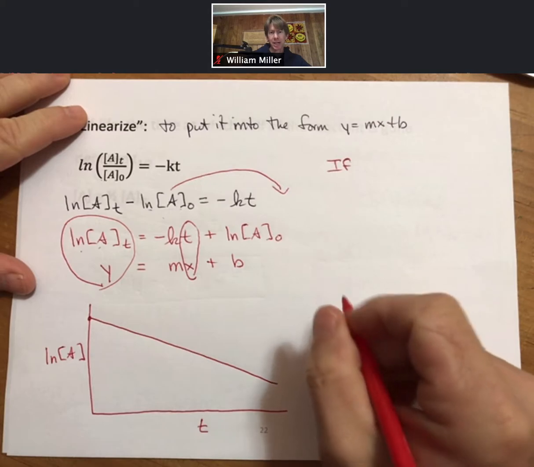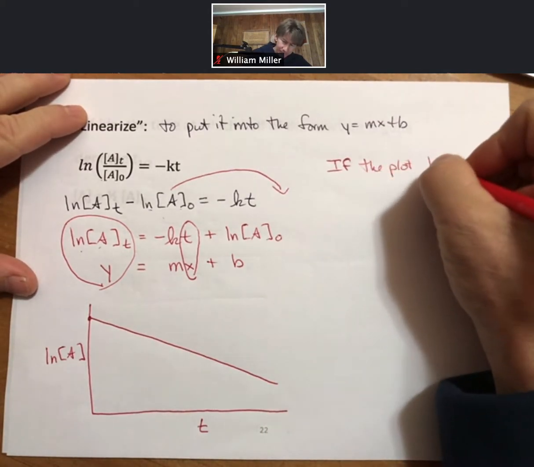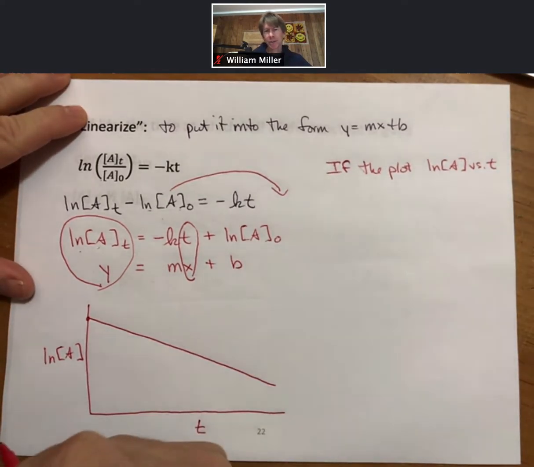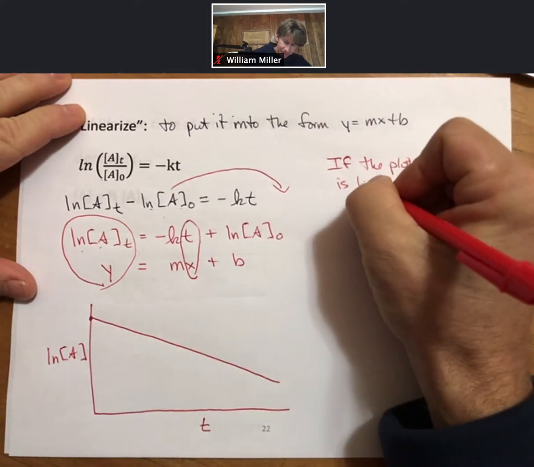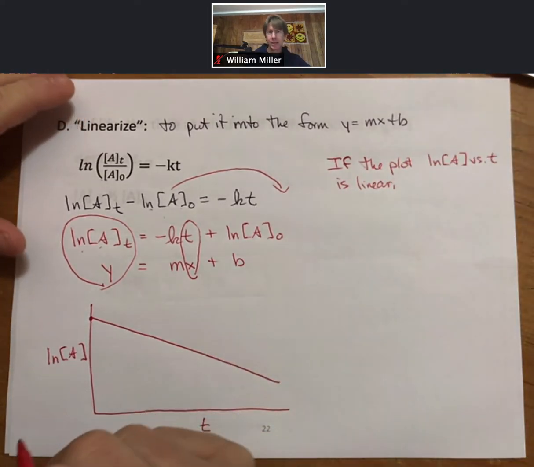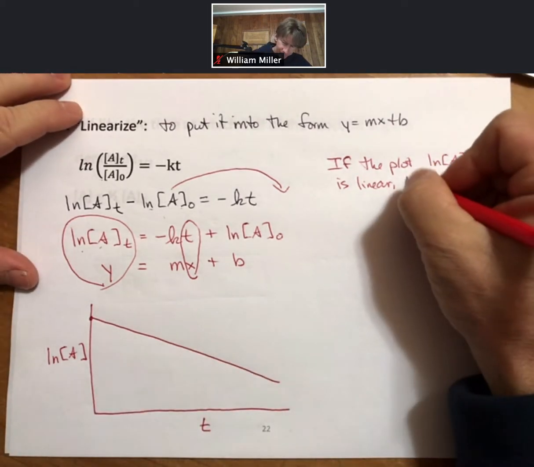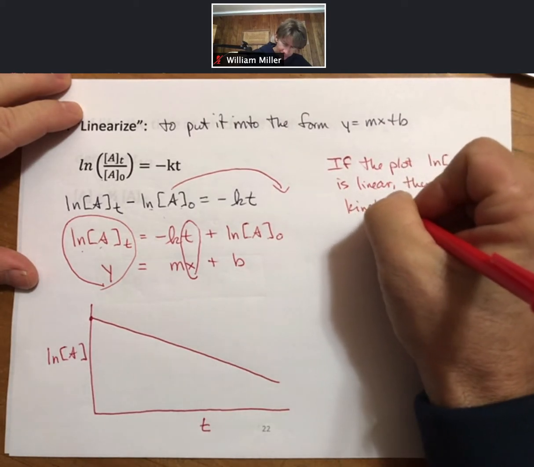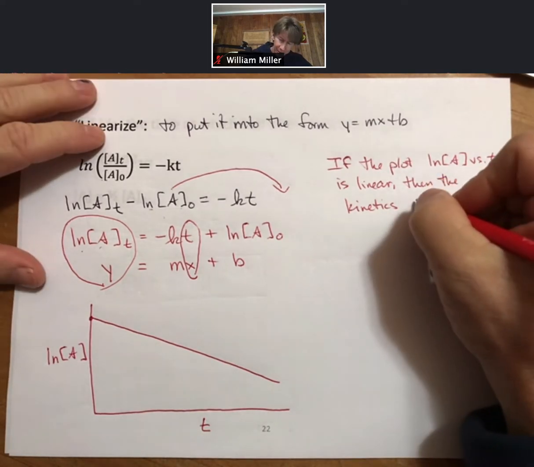If the plot of the natural logarithm of concentration versus time is linear, then the kinetics are first order. Or let's say this, the kinetics follow a first order rate law.